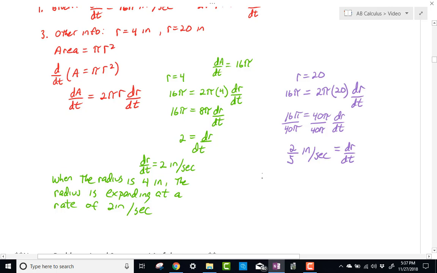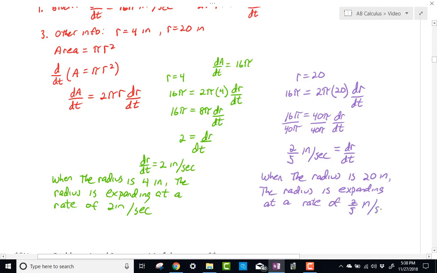Okay? So when the radius is 20 inches, the radius is expanding at a rate of 2/5 inches per second.